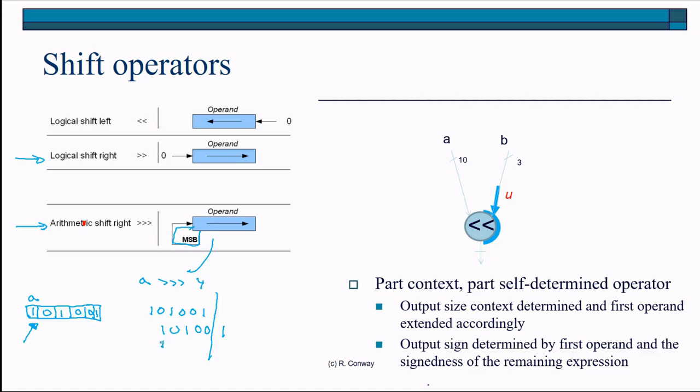So this is our MSB. So that's fed into the empty position. So that's one shift. So we only have a 6-bit result, so we lose that value. Let's shift it a second time. So taking our 6-bit value and shifting it to the right 1-bit position, we have 1 1 1 0 1 0.